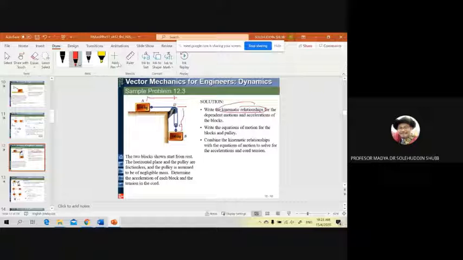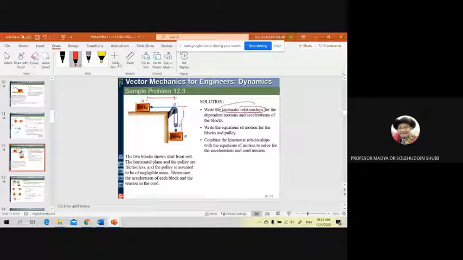So SA and SB, and the main understanding is that the total length of the rope or string is constant. That relationship is very important, because you're going to use it again and again.